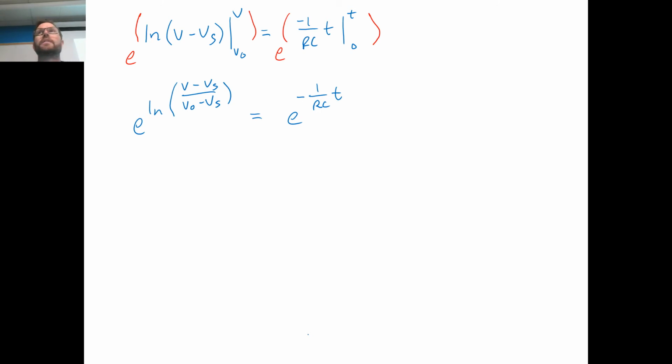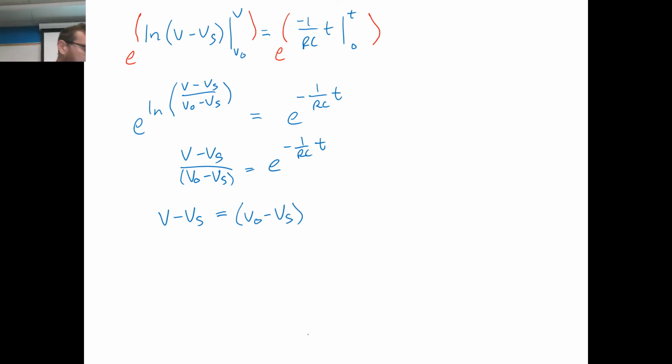We know that e to the ln of anything is just that thing back, yeah? So we get V minus Vs over V naught minus Vs is e to the minus 1 over RC times t. I'll rewrite it another step here. So this is V minus Vs, and we multiply that V naught minus Vs up to the right side, times e to the minus 1 over RC times t.